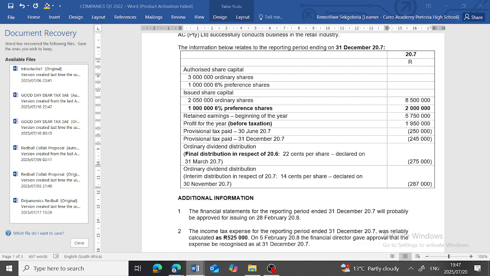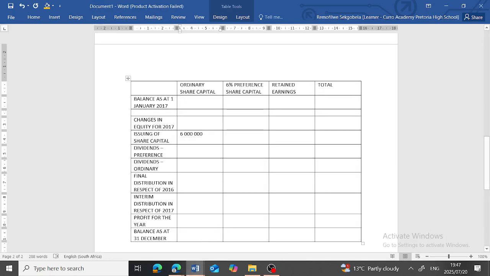So if the end is 8,500,000, what is at the beginning of the year? It is 2,500,000, and you get to that figure by saying 8,500,000 minus 6 million gives us 2,500,000.